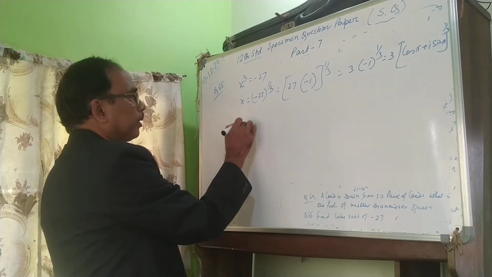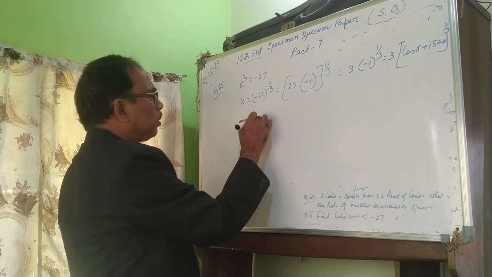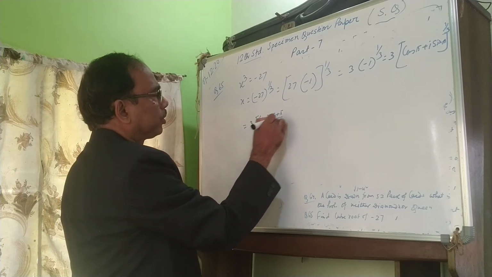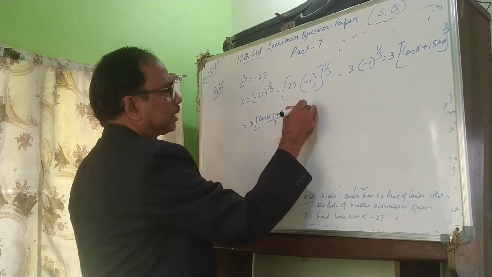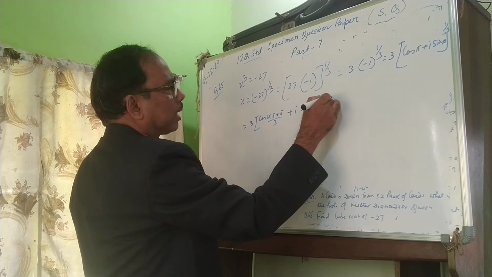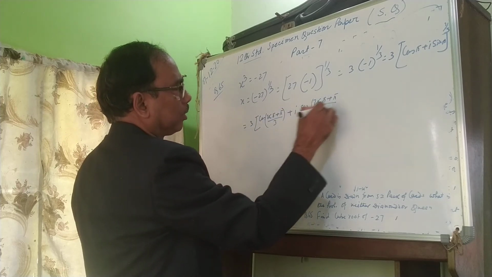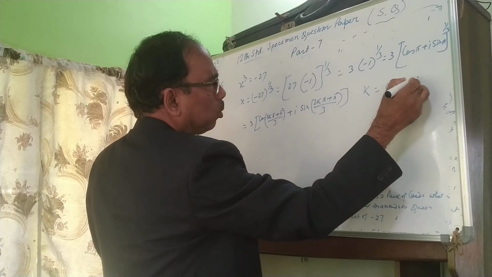Now x equals 3, by de Moivre's theorem, cos of (2k pi plus pi) by 3 plus i sin of (2k pi plus pi) by 3, where k equals 0, 1, 2.